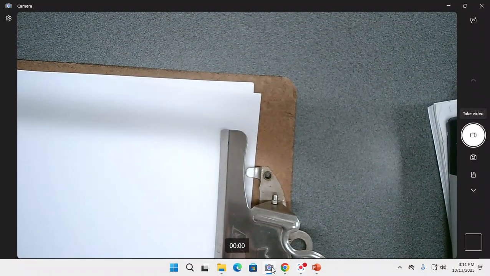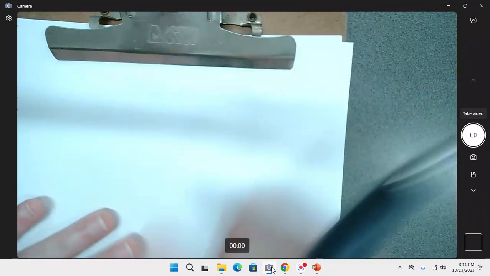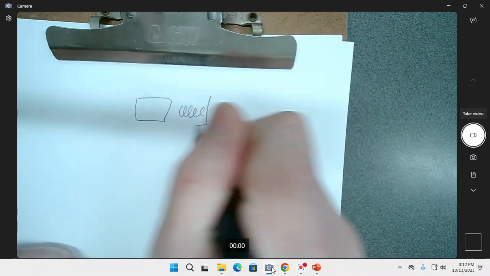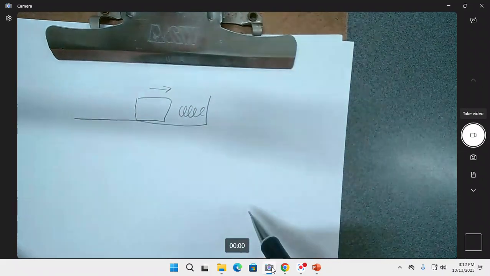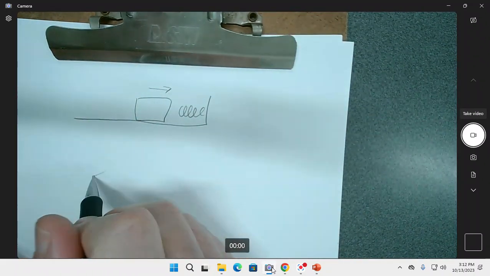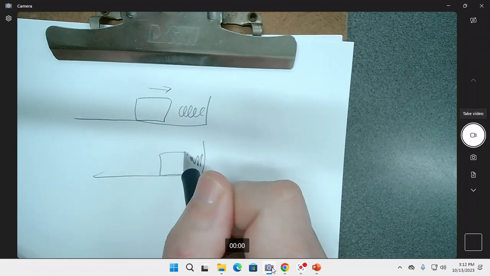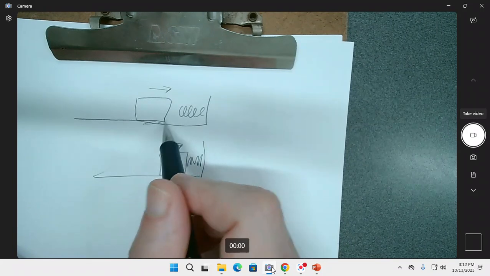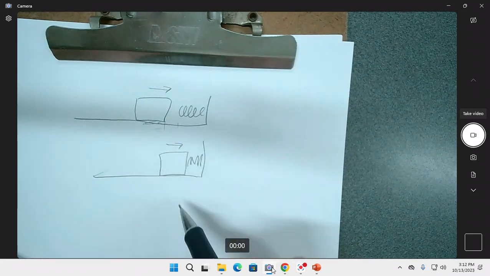Because what's going to happen, if you take it in stages, is the block is right here, the spring's right there, right? So this thing is moving, and it's just about to hit the spring. Then it hits the spring, and it's still moving. It has slowed down a little bit between here and here because of friction.